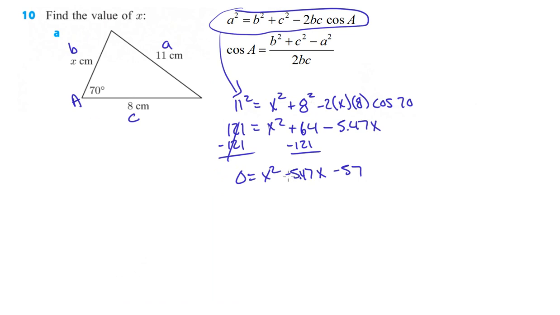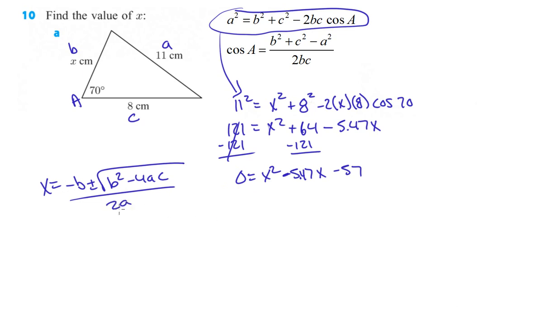Now, especially with this weird decimal number in the middle, we're probably going to have to use the quadratic to solve this. Quadratic is x equals negative b plus or minus the square root of b squared minus 4ac, all over 2a.